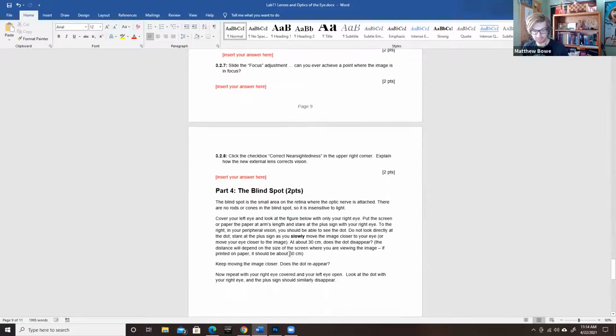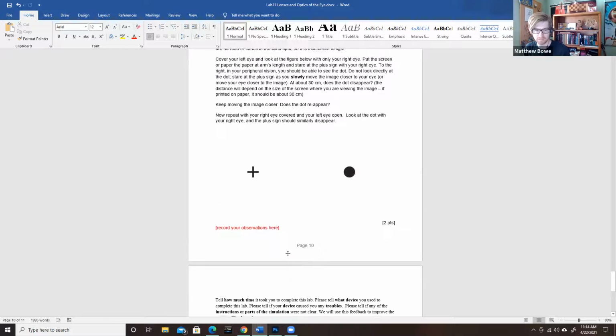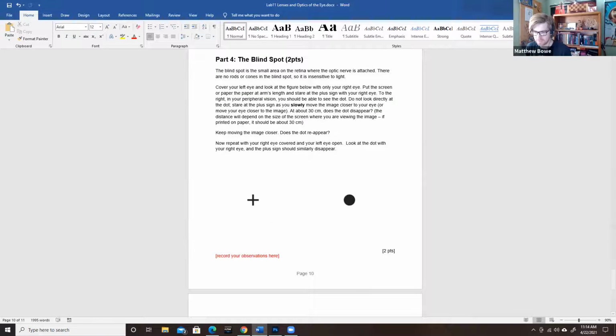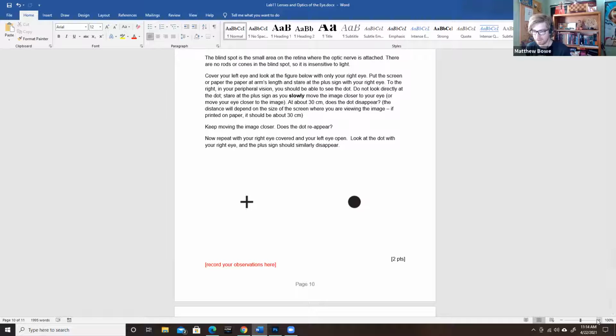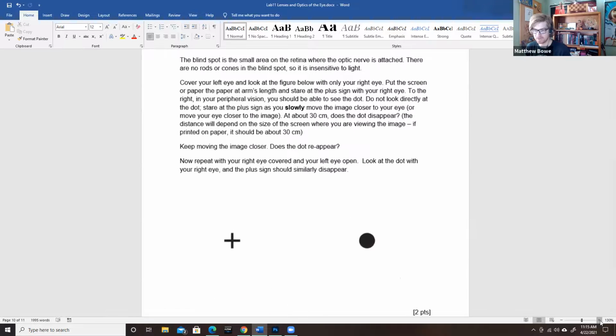At the very end, we have this blind spot. It's just a test. See what you can see. I'd suggest making the page bigger so you don't have to get too close to your computer screen.